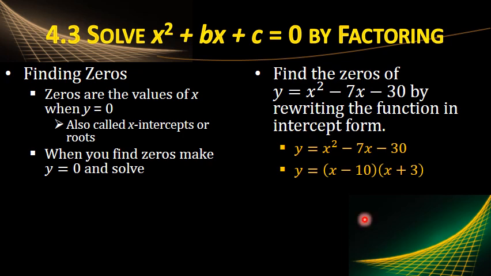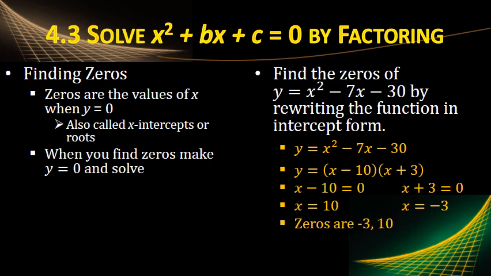Outers are 3x, inners are negative 10x. 3x and negative 10x give us negative 7x. Each factor equals 0, so you can see x is 10 and x is negative 3. So the zeros are 10 and negative 3, which are the values of x. If you plug them in, y would be 0.